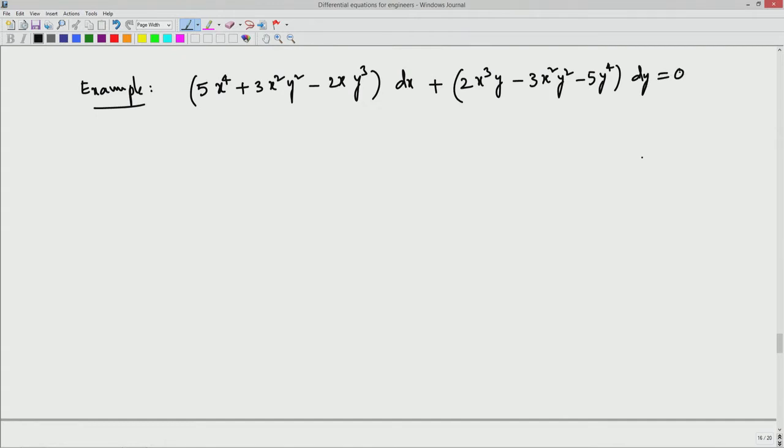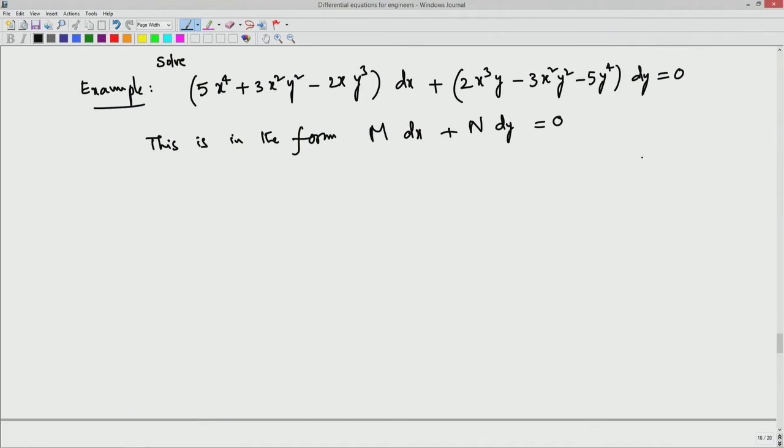So, how do we solve this differential equation, which is in the form M dx + N dy, that is, M(x,y) dx + N(x,y) dy = 0?